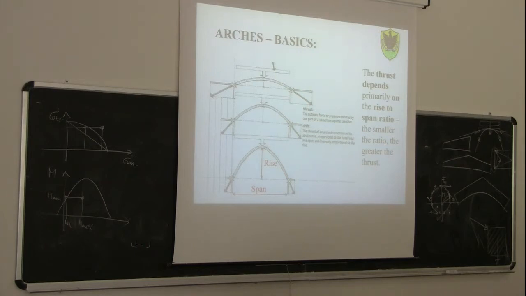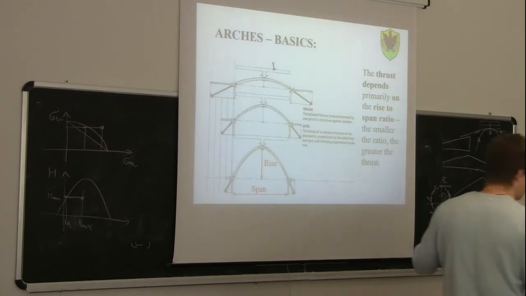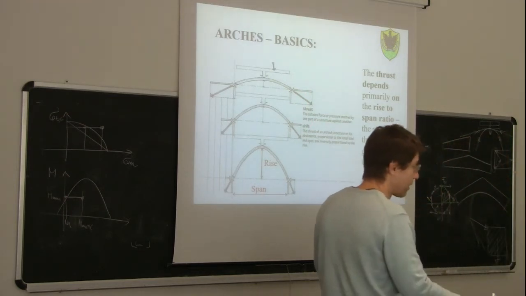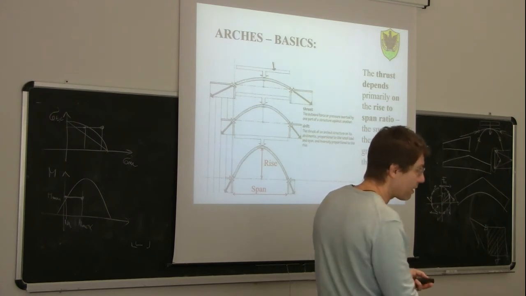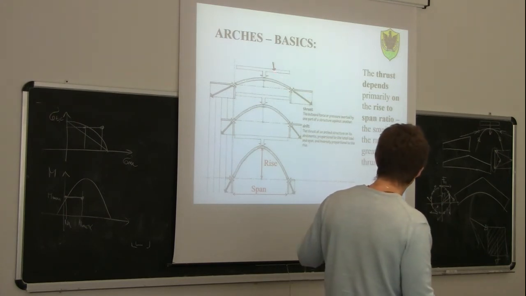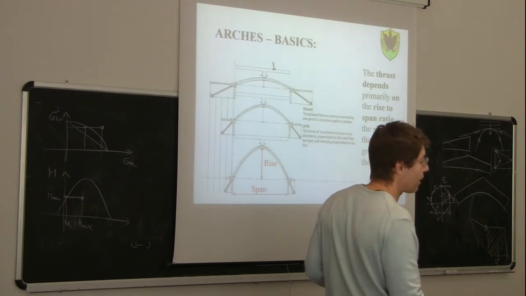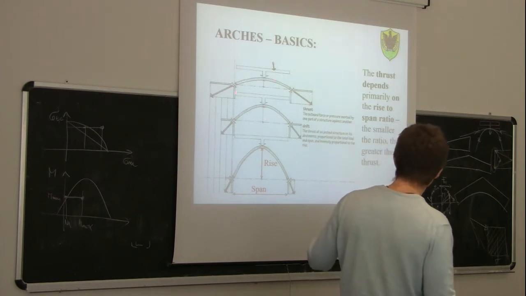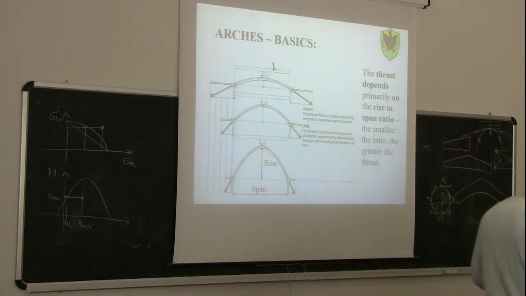So are we able to build a foundation which can resist this thrust, or a structure which can resist this thrust? If we are, okay, then this one will behave as an arch. If we are not, then it's better to design this as a curved beam, so that the most important stress inside is the bending moment rather than the axial force. Okay?